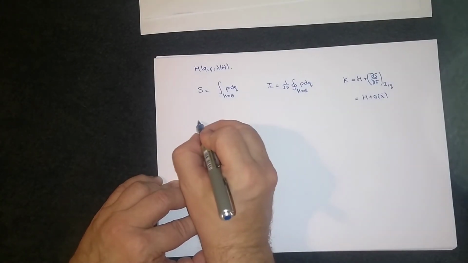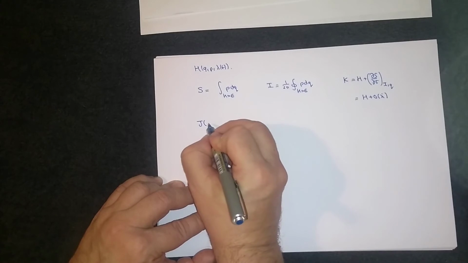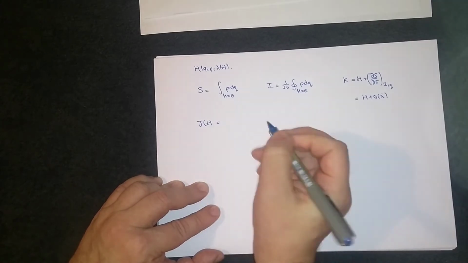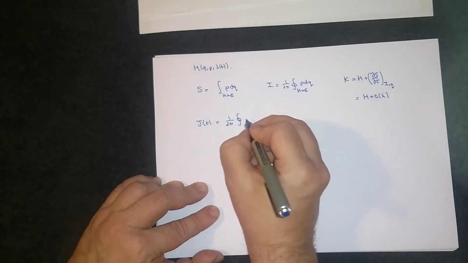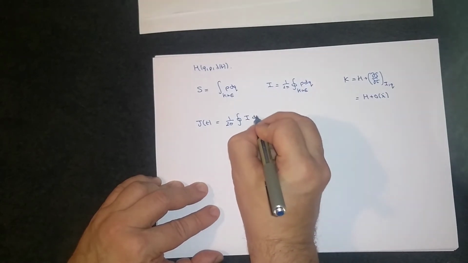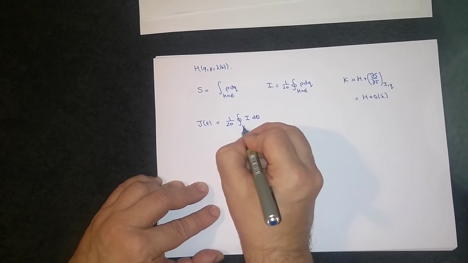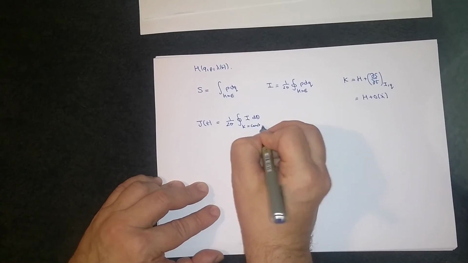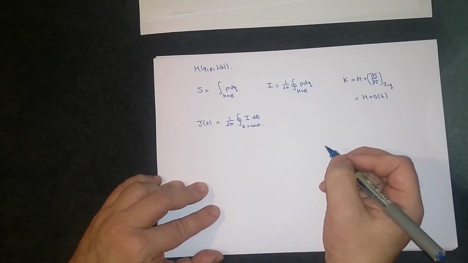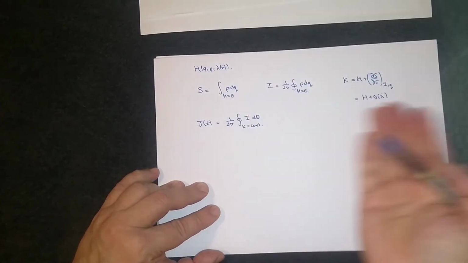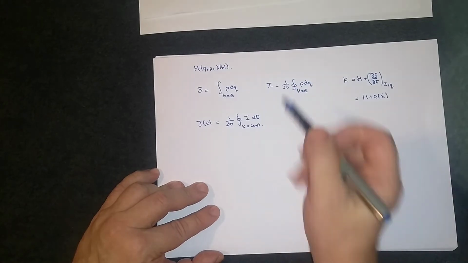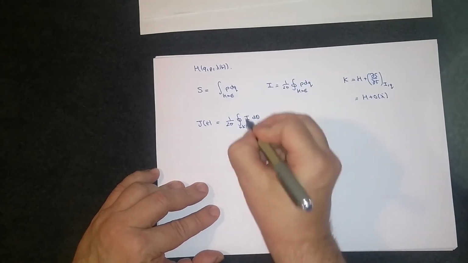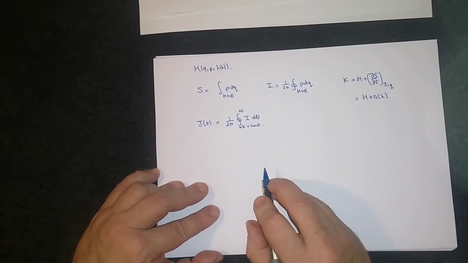The key to the proof I'm presenting is to construct j to be 1 over 2 pi, the integral of I d theta over the contour k equals constant. This is just constructing the action variable from the action angle variables that we have already constructed. So it's an exact analogy to this, and that will be from theta equals 0 to 2 pi. What one should think about it in that sense.